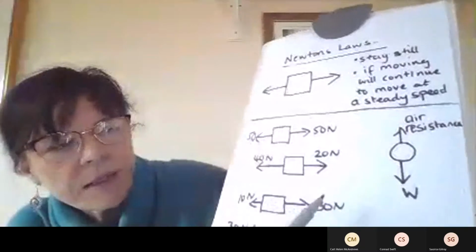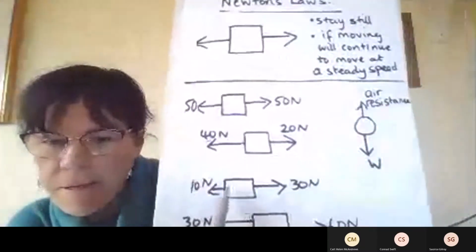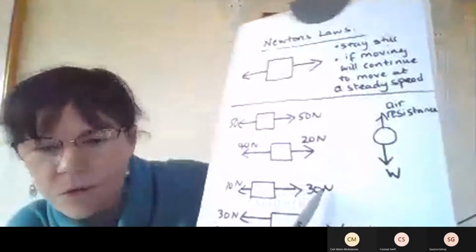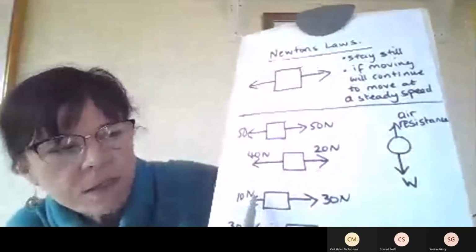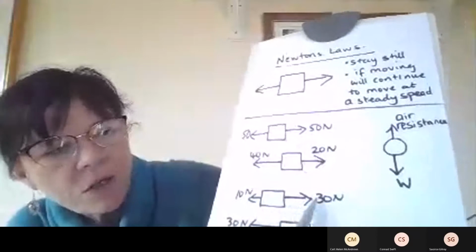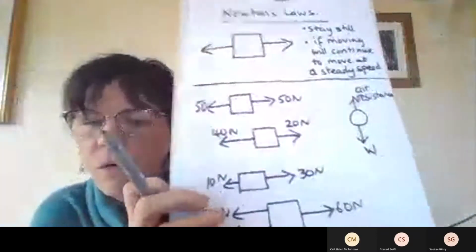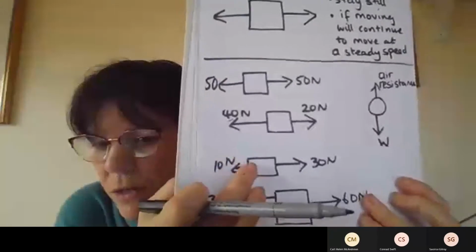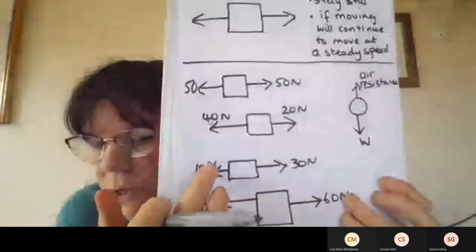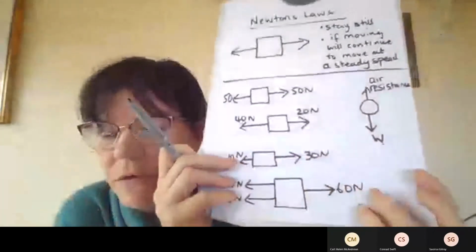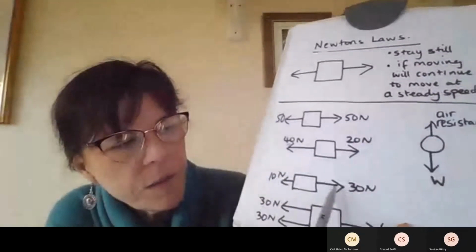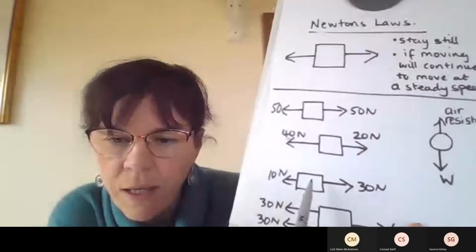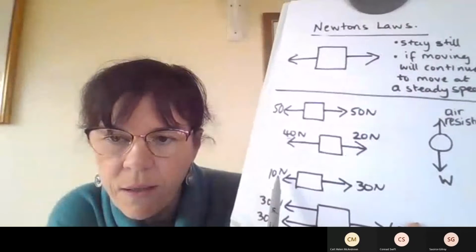In this next example, it's not balanced. There's a forward force of 30 and a backward force, a frictional force, a resistance force of 10 newtons. So how are we going to work out the overall or resultant force? We're going to take our forward force and subtract our backward force to give us what the leftover force is. Think of it as a tug of war, and there's 30 people pulling this way and 10 people pulling that way.